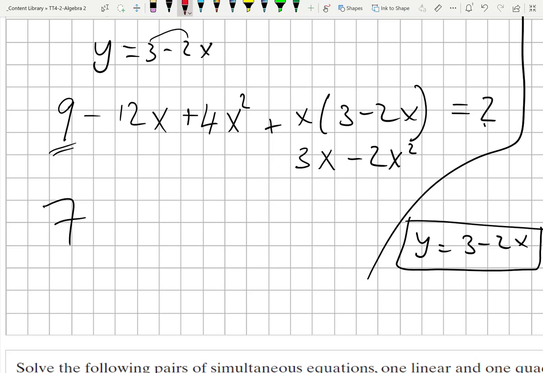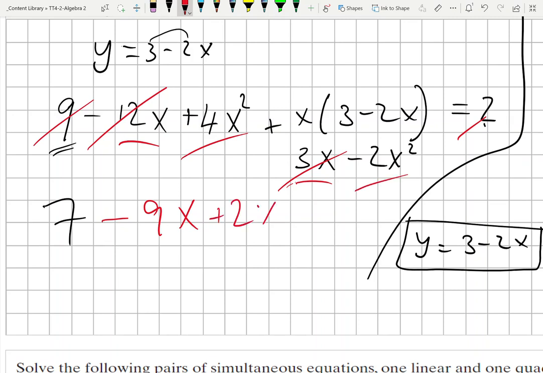What can I group with where are my x's? Where are my x squareds? And at this stage, all 6 terms are taken out.